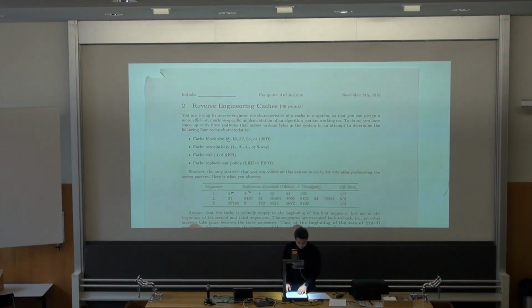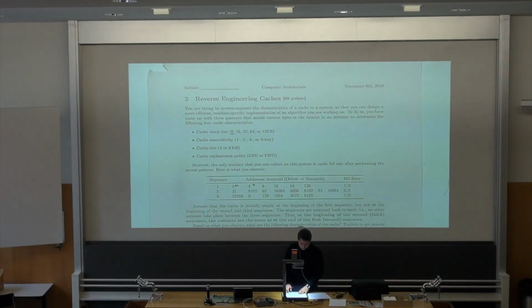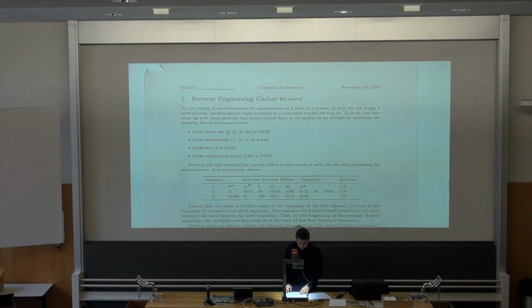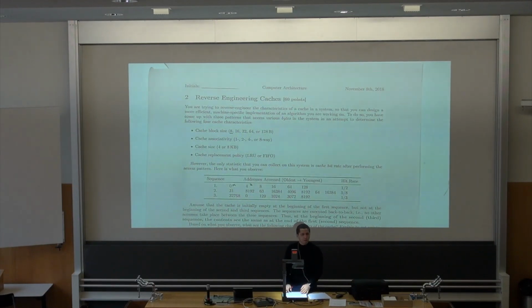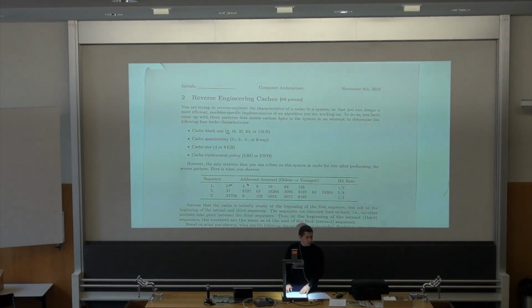So this is the second question in the exam. For this question, we were given an access pattern, the addresses, which are in byte fashion. The question asks us to come up with the cache design given those access patterns.